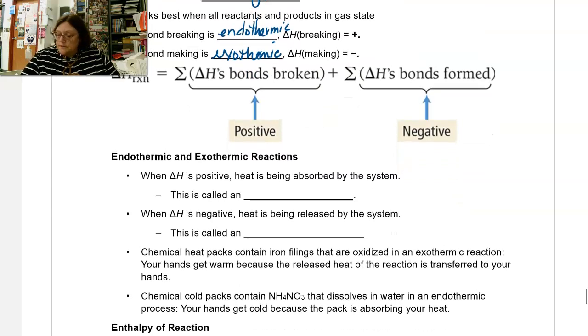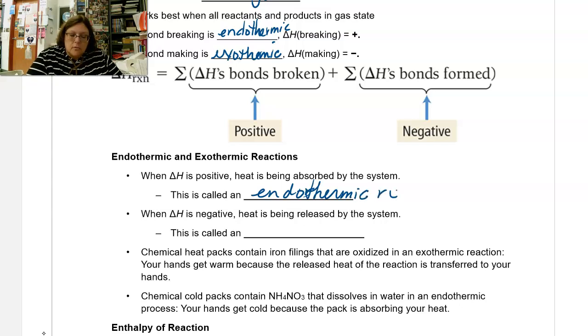And we might as well fill this in real fast since we're here. A delta H, remember that's enthalpy, if it's positive, I'm just restating what we just did, it's an endothermic reaction. That means it'll feel cold to the touch. Energy's going in. The ice cream freezing was not endothermic. We were removing energy from the ice cream.